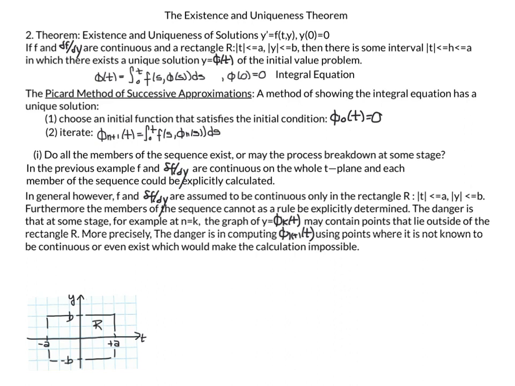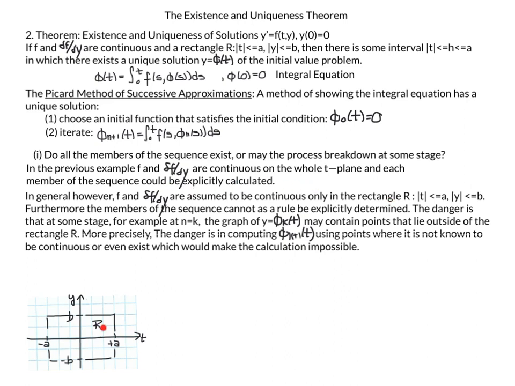So our function doesn't have to be continuous everywhere to have a solution, but it needs to be continuous on some interval, or rather on some rectangle. But now the members of the sequence cannot as a rule be explicitly determined even though we have this continuity.